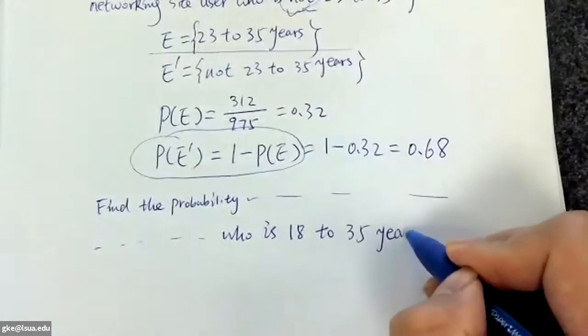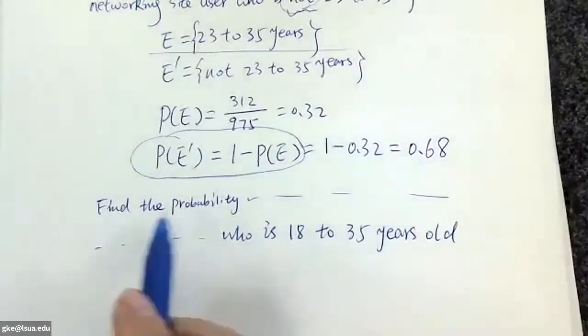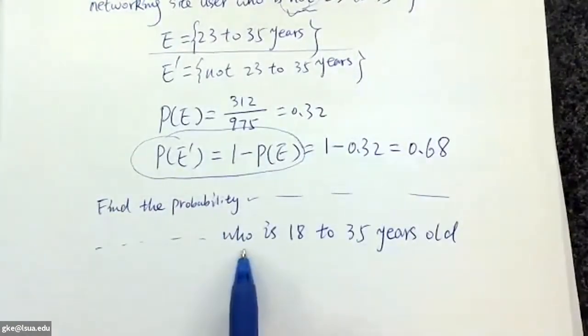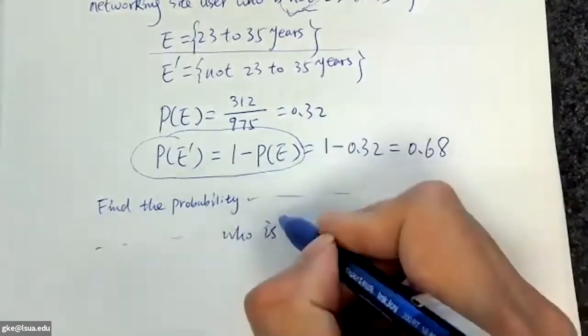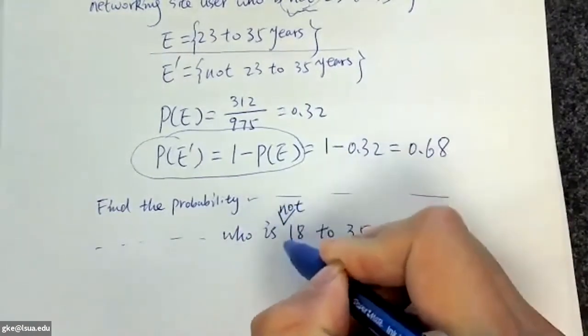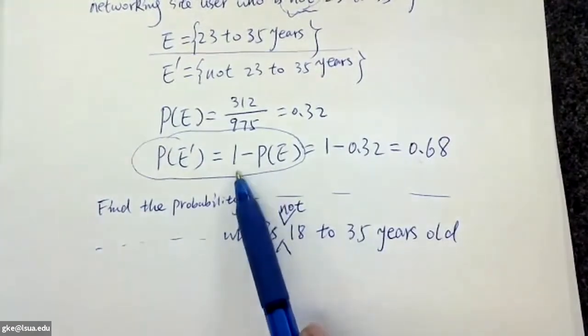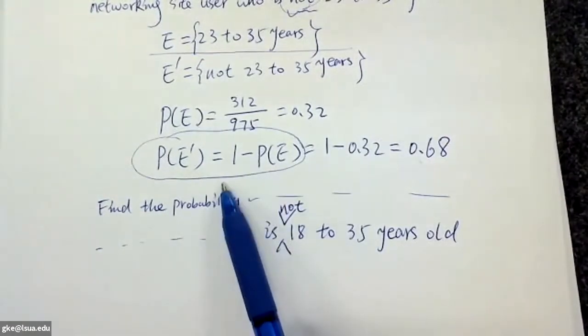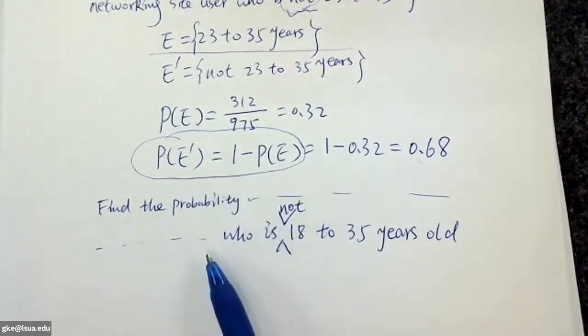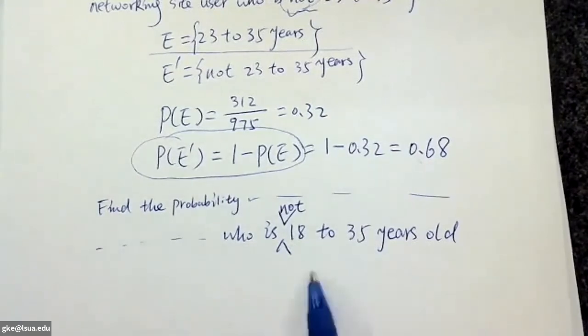Oh, sorry. Find the probability, and so on, of a user who is not 18 to 35 years old. Now, I want you to use the complement, use this formula to calculate this probability. Try it.